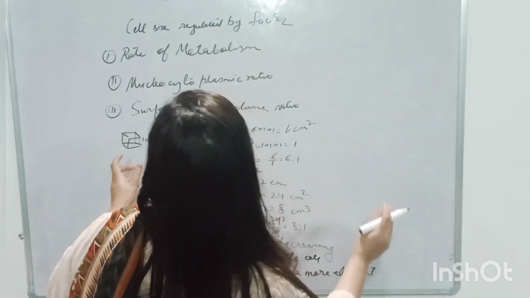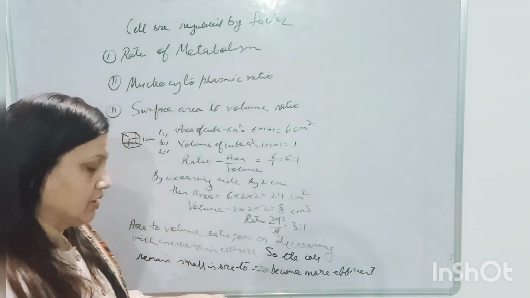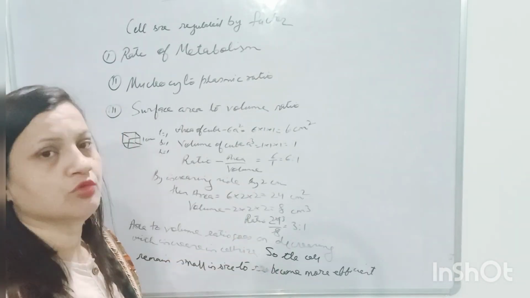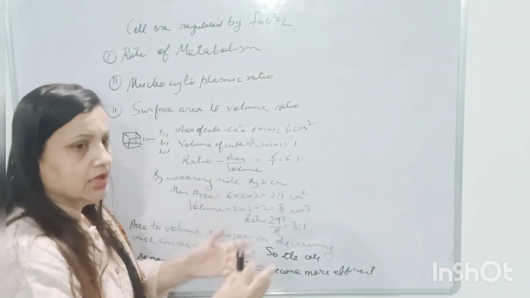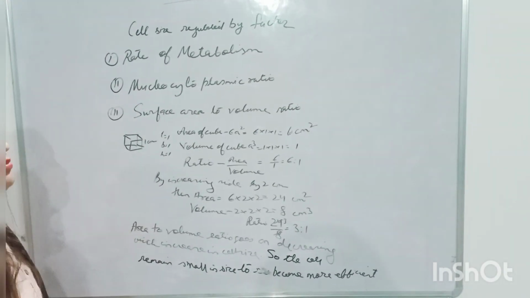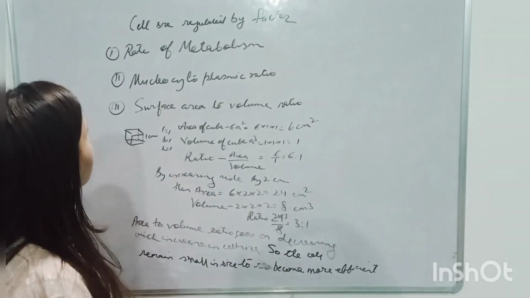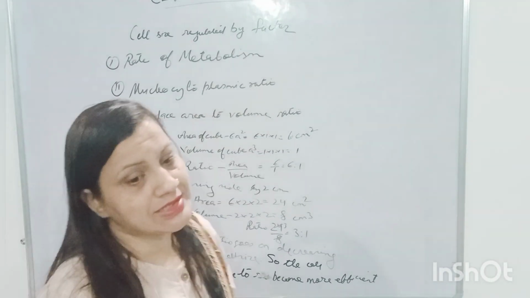So it is very important about the surface area to volume ratio. The surface area to volume ratio goes on decreasing with increase in the size of the cell. So cell always maintains its small size so that it becomes more efficient. This is all about today's video on cell size. Now come to cell shape.